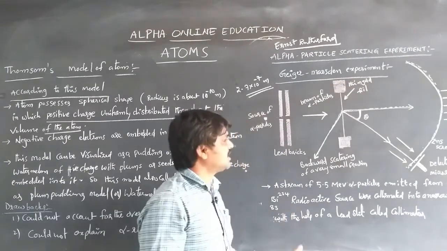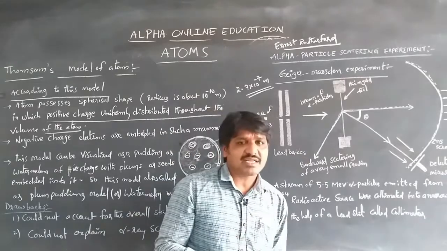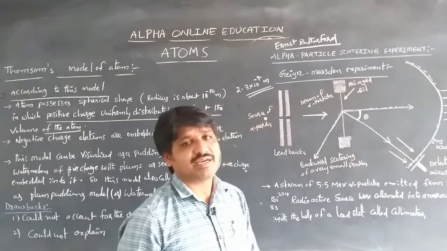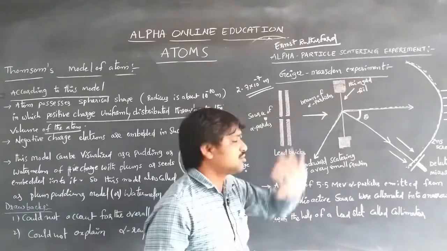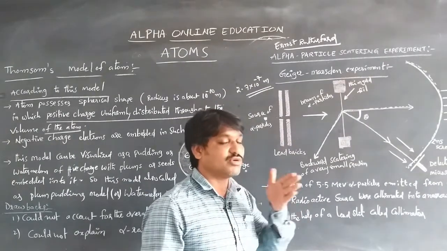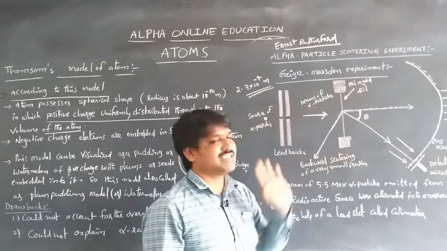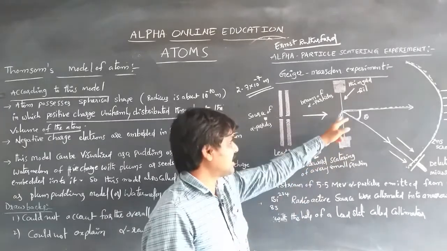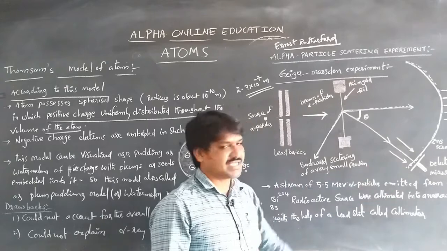We can observe that not all the particles are scattered. Some of the particles travel through the gold foil, some move slightly and are incident on the ZnS screen, some are reflected, and some are scattered.